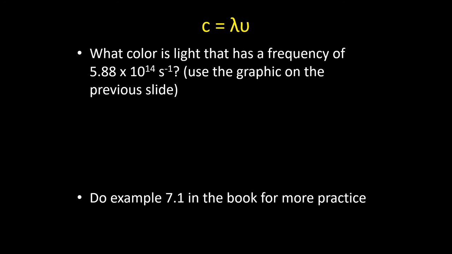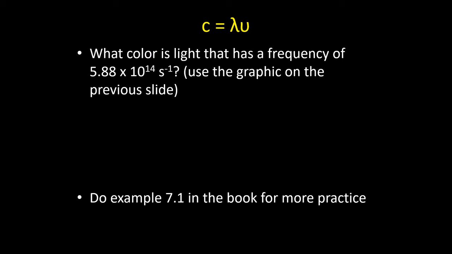Okay, let's do at least one more here. So this question asks us, what color is light that has a frequency of 5.88 times 10 to the 14 per second? And we're going to have to go back and use the graphic from the previous slide to figure that out.